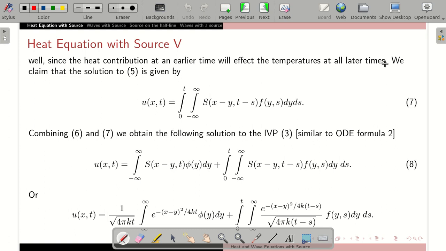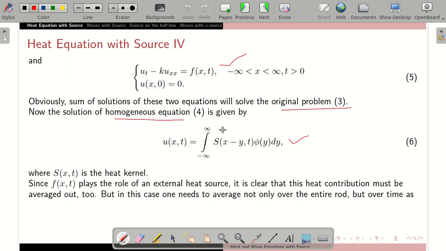So we claim that the solution of 5 is given by this. Motivated by the ODE, what you had in the ODE was an integral of what? An integral of the solution of the homogeneous. The homogeneous one already has the integral from minus infinity to plus infinity S(x minus y, t) phi(y) dy.